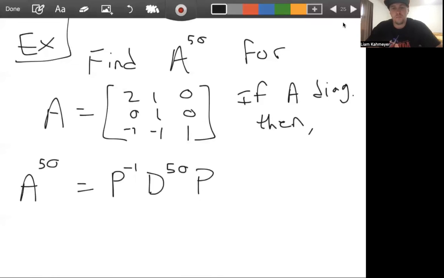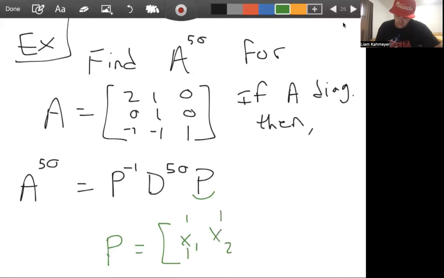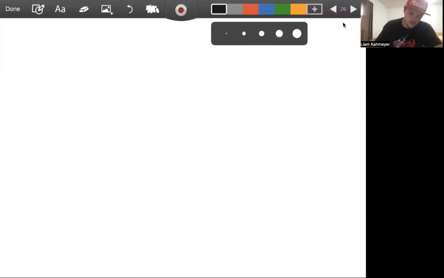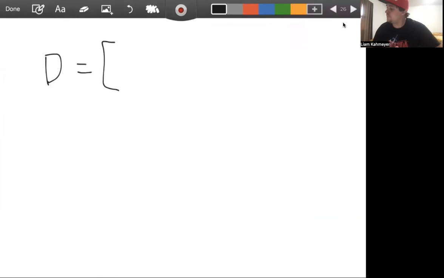For the sake of time, spoiler, it is a diagonalizable matrix, because you compute P, which remember is x1, x2, x3, the eigenvectors of the matrix A, and see if the inverse exists. If it does, then the diagonal matrix D is just the eigenvalues as the entries along the diagonal.